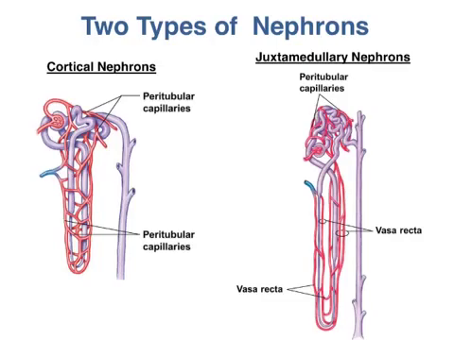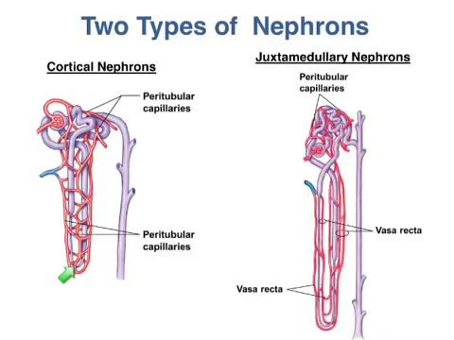Now, I've been talking about the structure of a nephron in general, but I do want to point out that there are actually two types of nephrons, cortical nephrons and juxtamedullary nephrons. Most of the nephrons in your kidney are cortical. About 85% of your nephrons are cortical nephrons. And these guys are almost entirely in the cortex of the kidney, except for just a very small part.